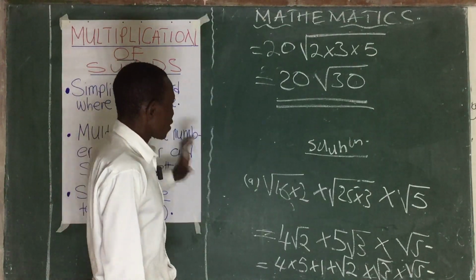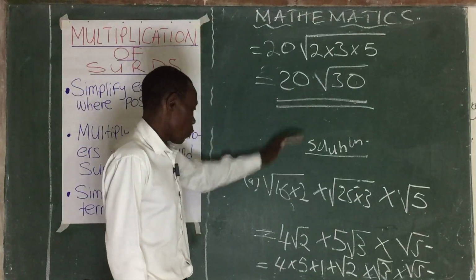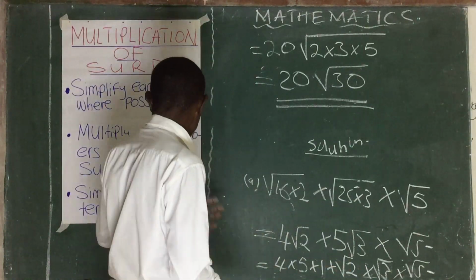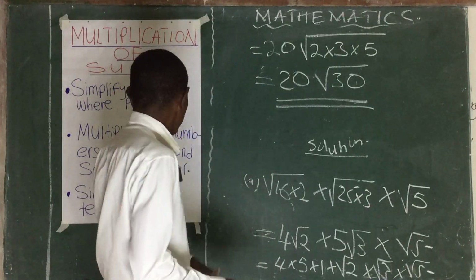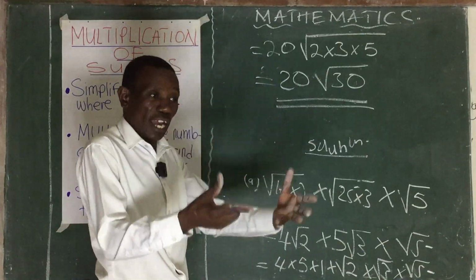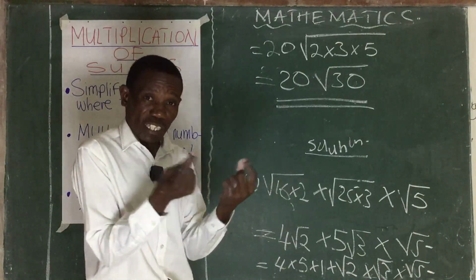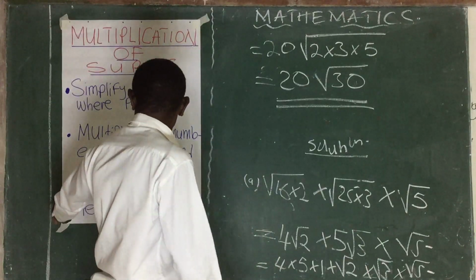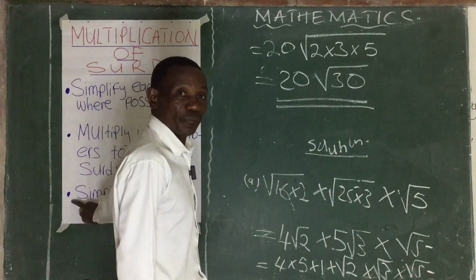Our example just ends at this moment where we need just to simplify by multiplication. That's all. But we may have some questions where we need to proceed beyond this, like surds where you need to consider step number 3.